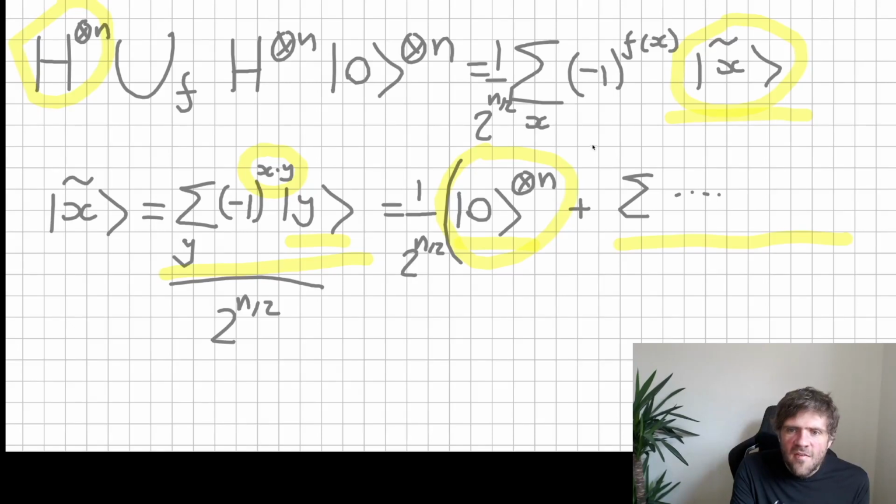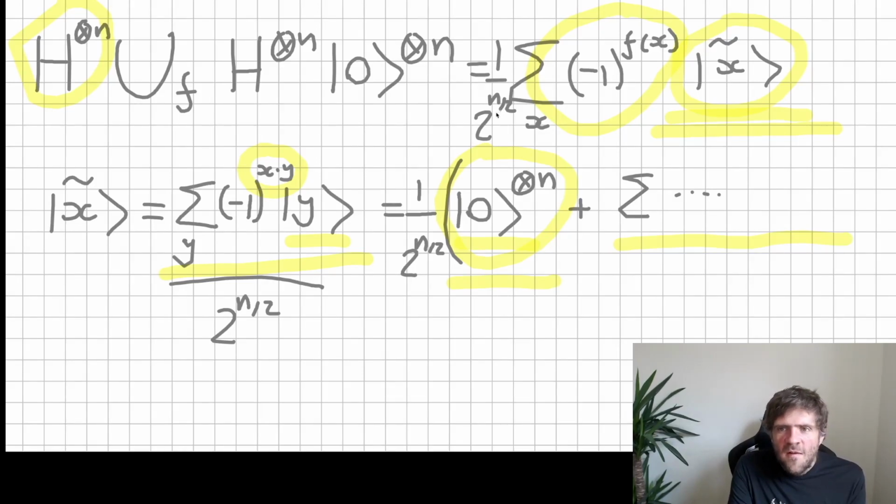once we go back to the original equation, we can think about, well, each of these x tildes is going to have a term which is all zeros, and the phases on all of these all zero states, because they have no phase coming from the x tilde, are just given by the phases coming from the phase oracle.